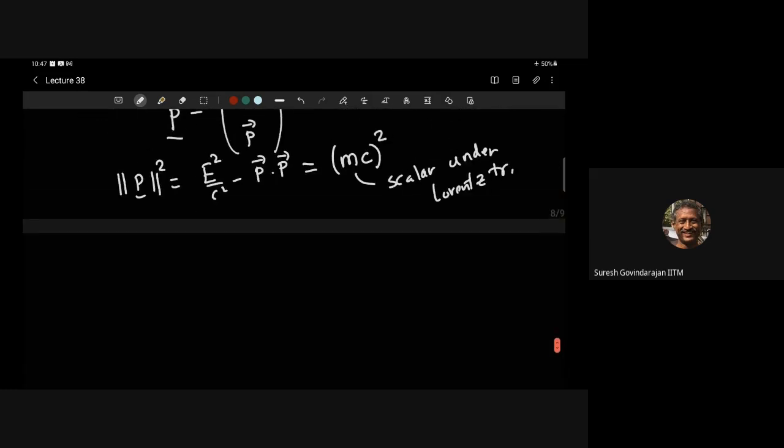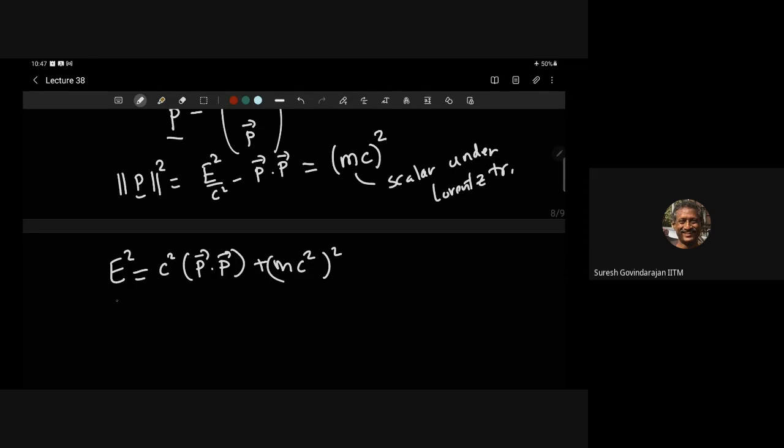So this gives you the energy momentum relationship, and to see that this is not something I have cooked up, we can rewrite this as E squared equal to c squared p squared plus m squared c to the fourth.